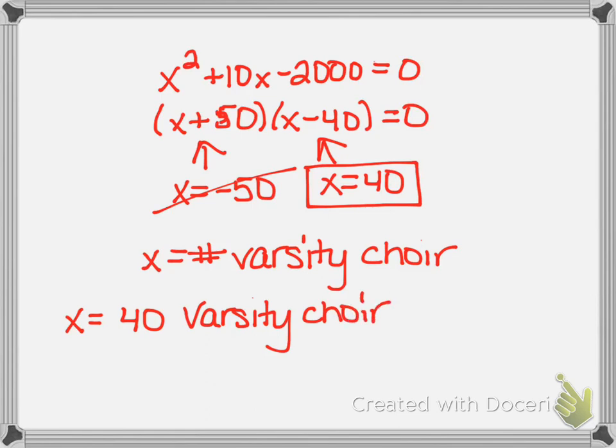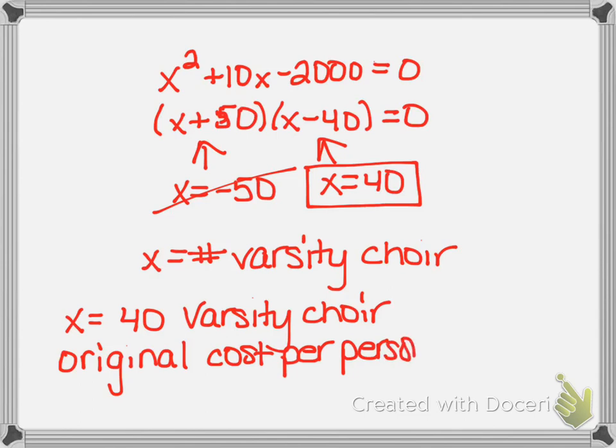Okay? And then they asked us to figure out the cost per person in the problem. Well, technically there's two costs. There's the original cost per person, and there's the new cost per person with the 10 JV members now riding the bus too.